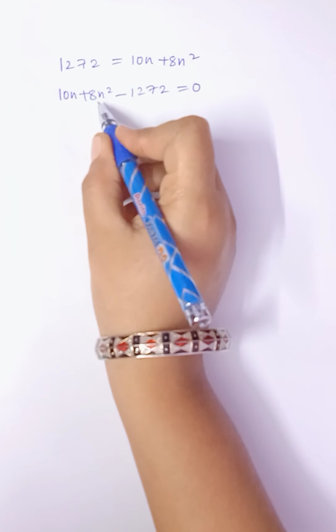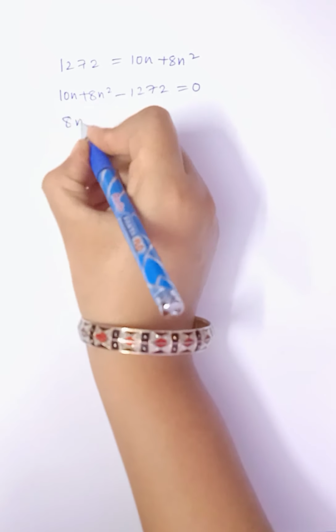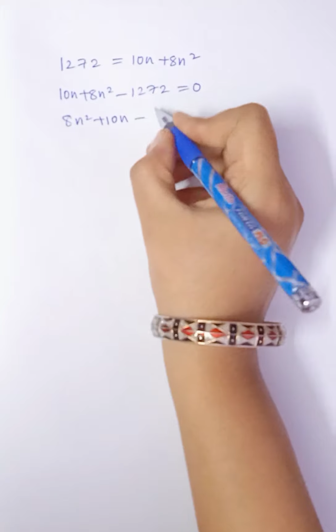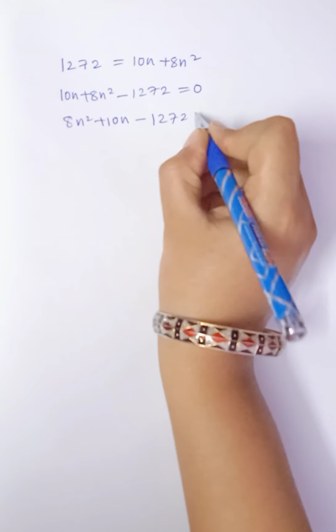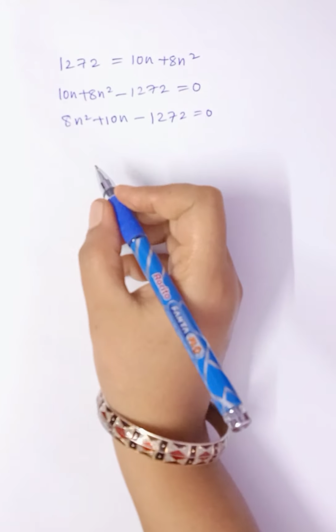Now I am going to rearrange this again. So it is 8n square plus 10n minus 1272 equal to 0. Now this whole thing will get divided by 2.